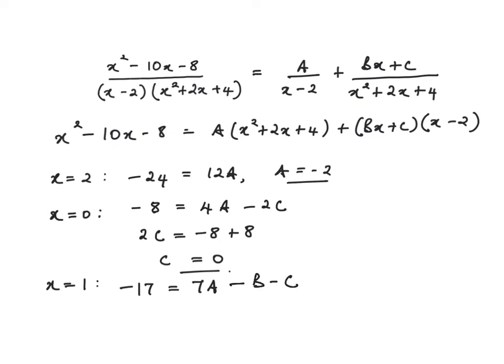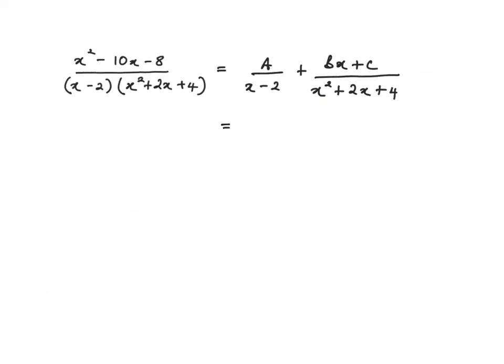It's b that we're after, so I'm going to move the minus b across. That gives me minus 14 plus 17, and that means that b has the value 3. So a is minus 2, b has the value 3, and c is 0.